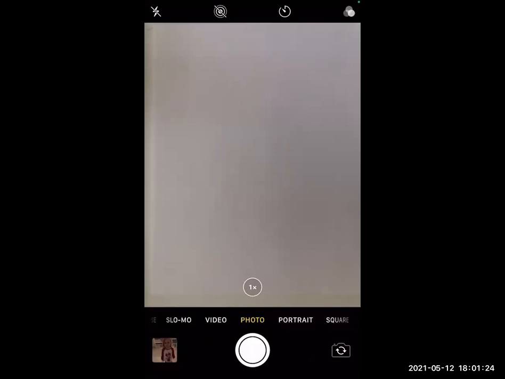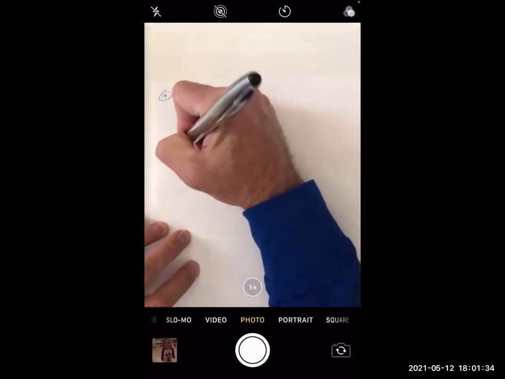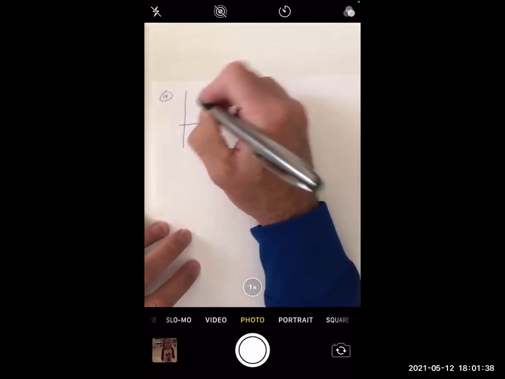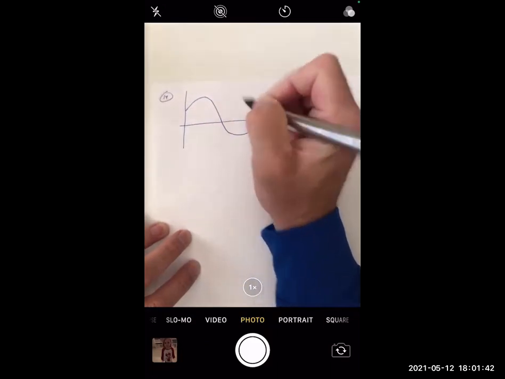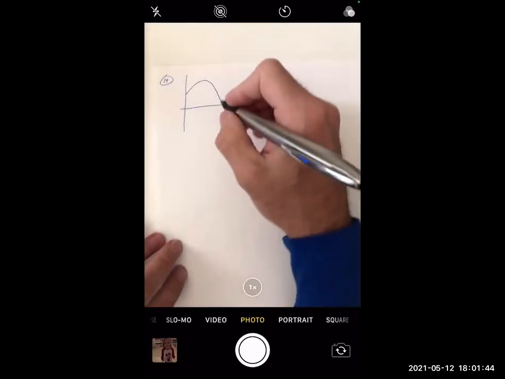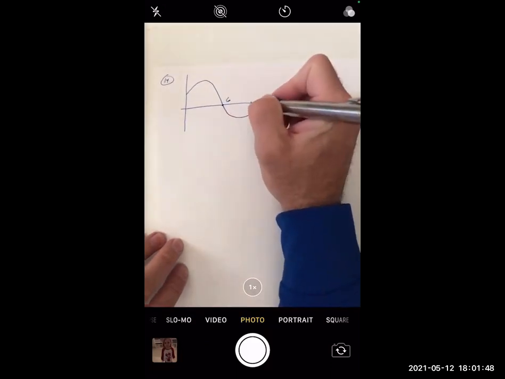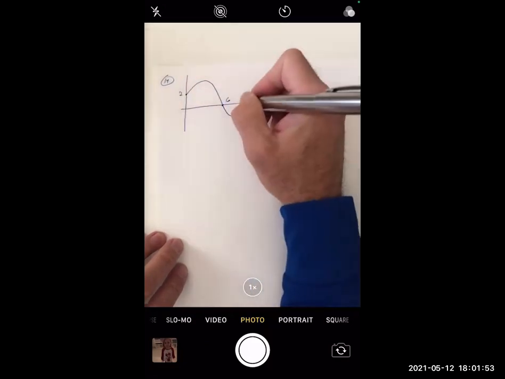Is your graph, when it starts, above the x-axis or below? It's above the x-axis. Okay. So yours went like this. Yes. Okay. And it hits the x-axis at 6. 2.